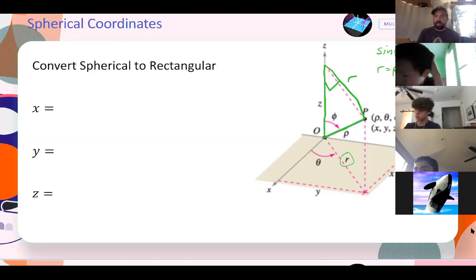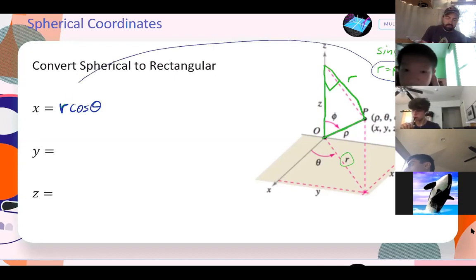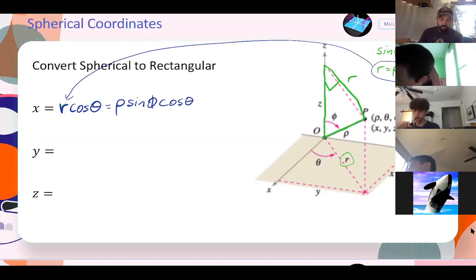And so I'm going to use that in my cylindrical polar coordinate stuff to say, well, x is r cosine theta. Well, r is not a spherical thing, so I'm just going to plug this in here so that I can use all spherical values. So rho sine phi cosine theta will give me my x.